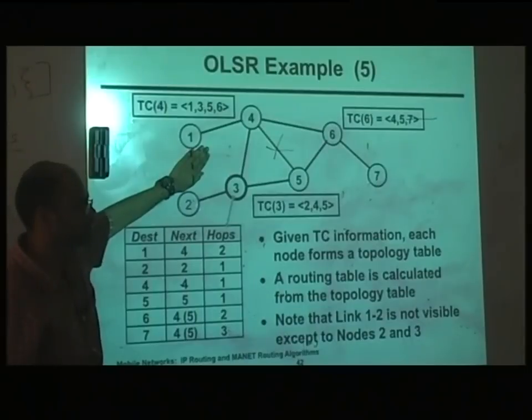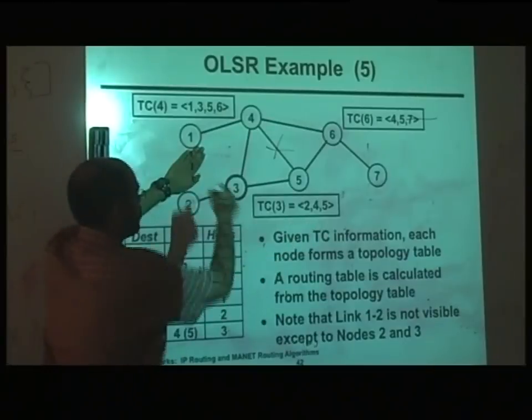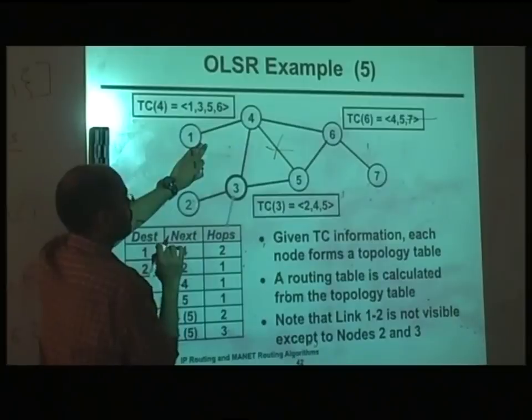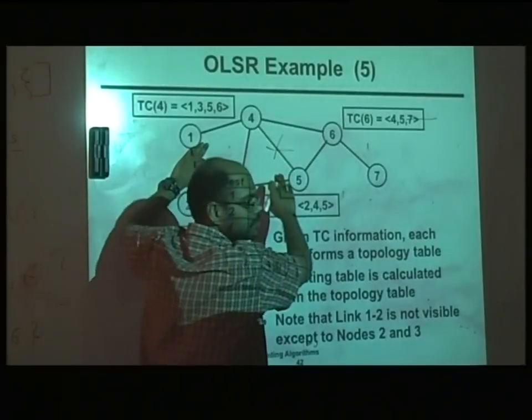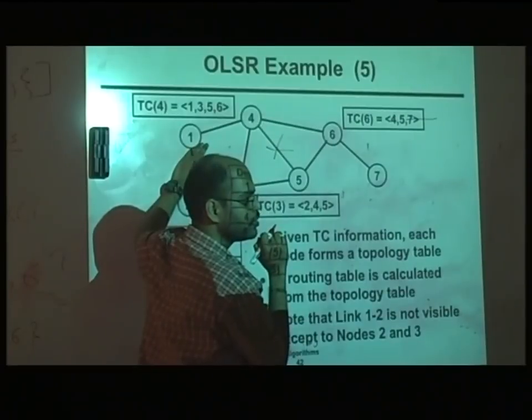So it cannot, because it knows that it's connected. How many hops will it be? 1, 2 and 3. What is the minimum between 1 and 5? 2. And which link will it use? It has to use this. But how come you remove the link from 4 and you consider 5?